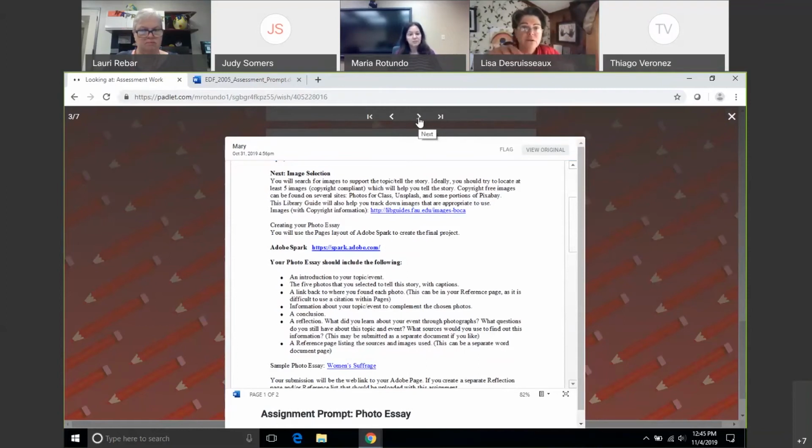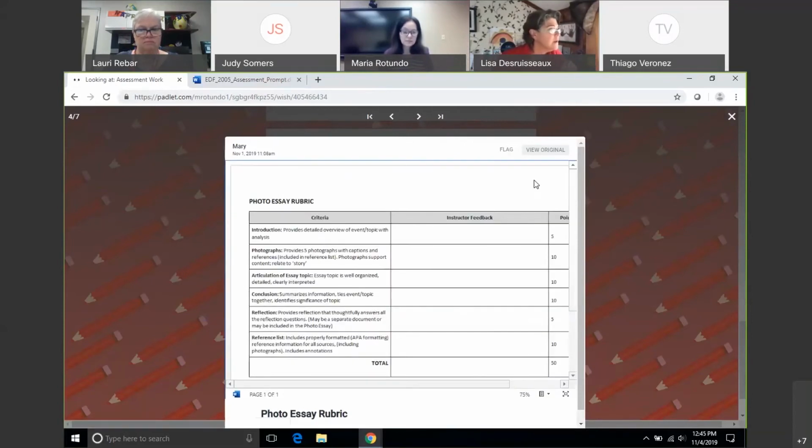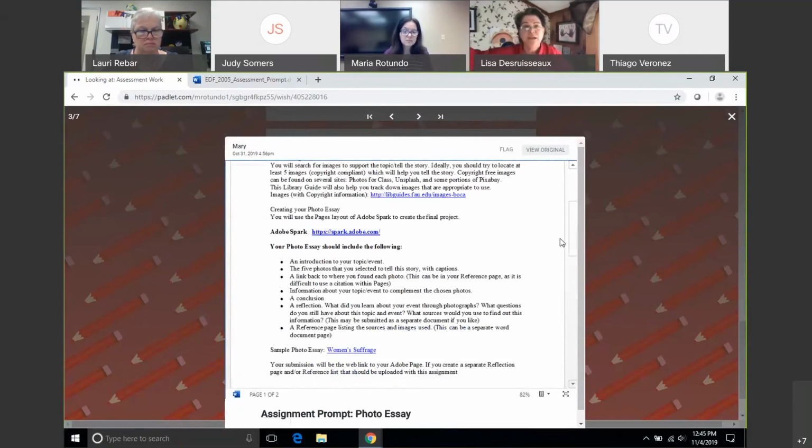Could you scroll down, Lori, to the rubric? Or actually, I can look at the rubric. I have it here. So, for example, one criterion is photographs and another is essay topic, right? So I wonder if Judy considered, for the section on instructions, where the photo essay should include, putting, I'm not making much sense, essay topic, colon, and then a descriptor of what that essay topic is.